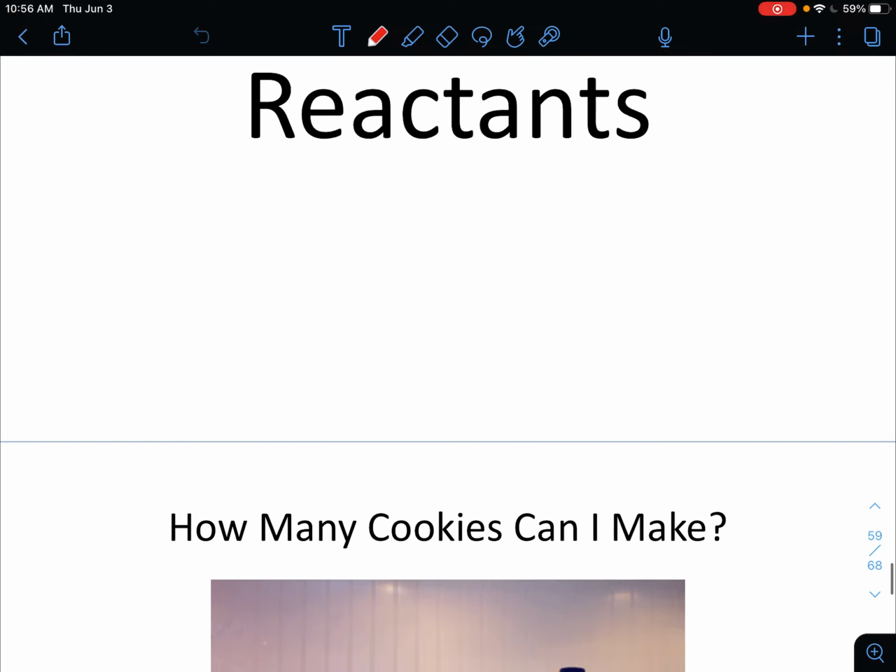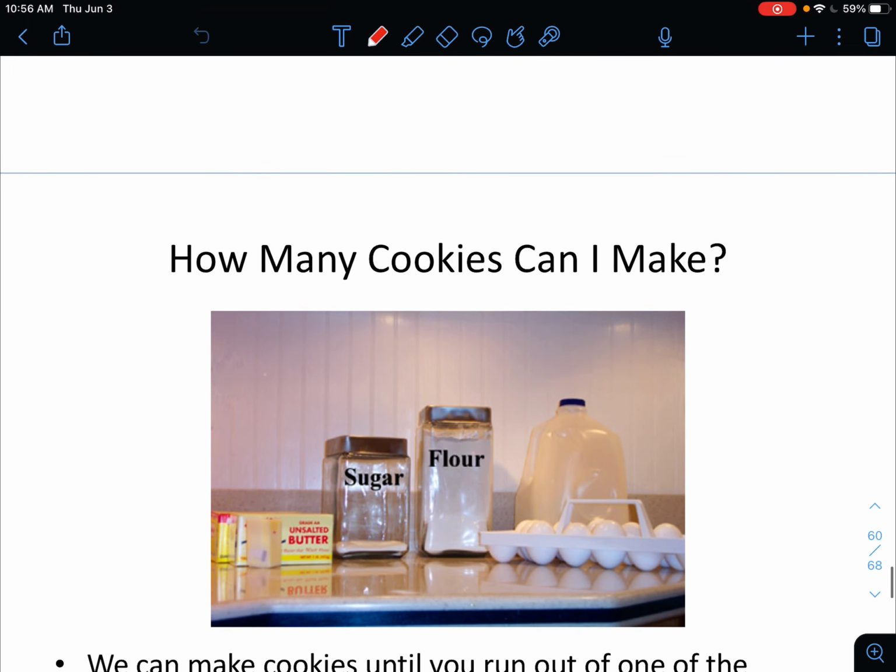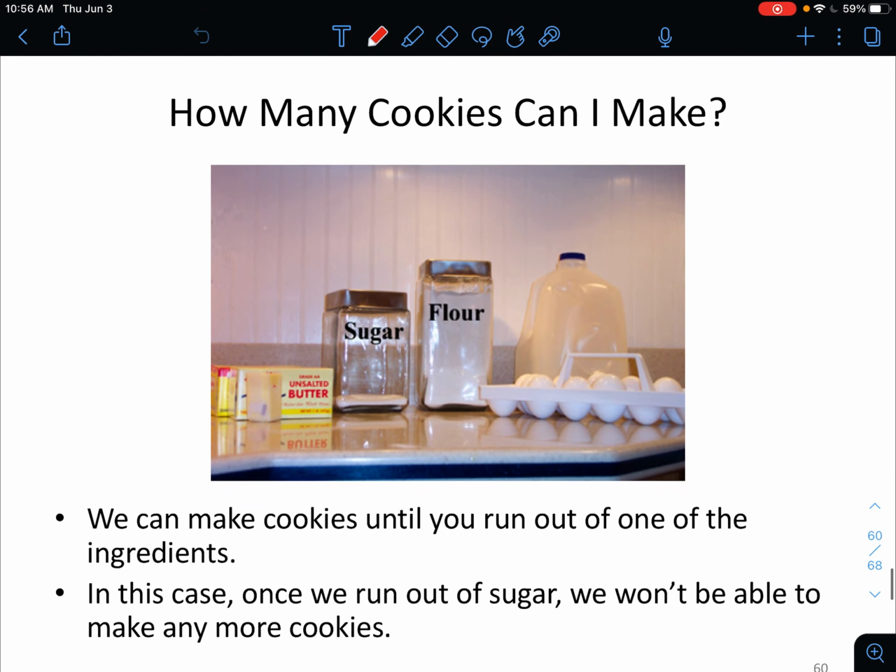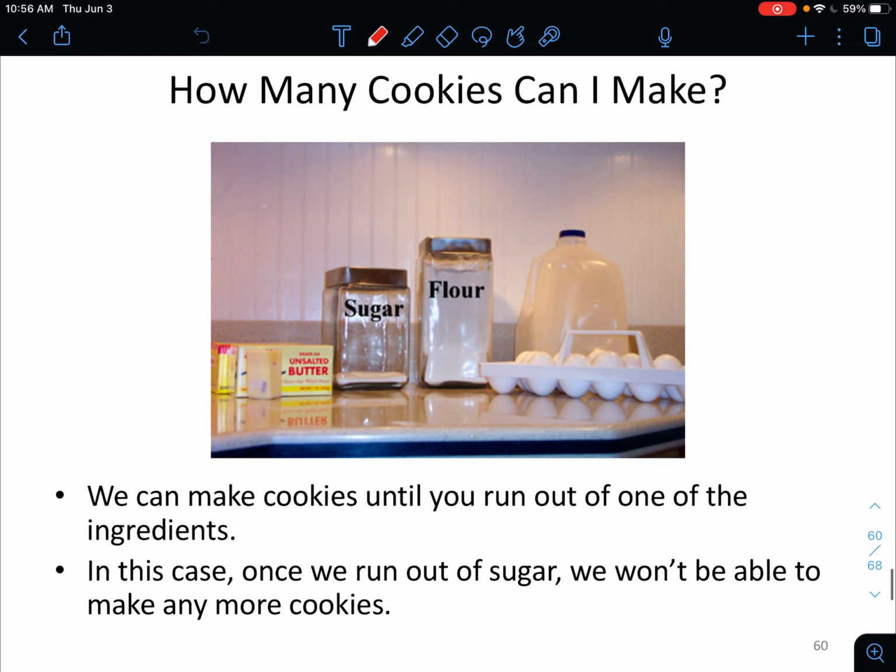So I have kind of a silly analogy just to help you think about what we're considering here. I mentioned earlier thinking about a balanced equation as a recipe, so we'll do that here. Basically we've gathered our ingredients for some cookie recipe, whatever it may be: butter, sugar, flour, eggs.